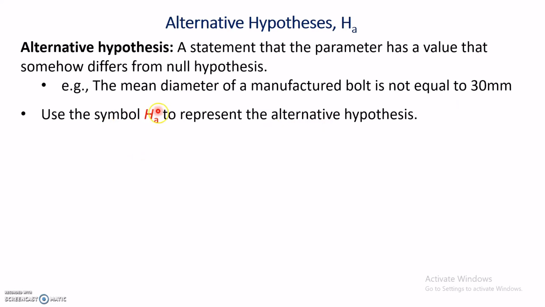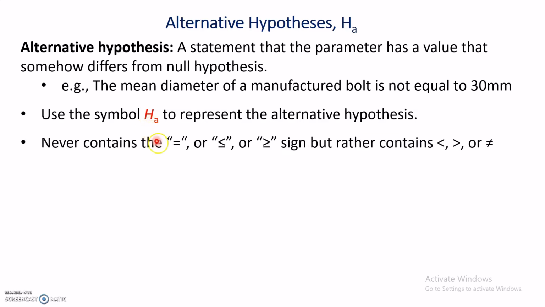So we use the symbol H sub A, I already told you, to represent the alternative hypothesis. And it never contains an equal sign or less than or equal to sign or greater than or equal to sign, but rather contains a less than symbol or a greater than symbol or a not equal symbol. This is very important that you understand this concept, what symbol it contains.